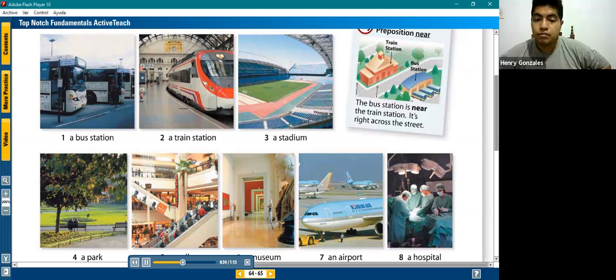Now listen again and repeat. A bus station. A train station. A stadium. A park. A mall. A museum. An airport. A hospital.